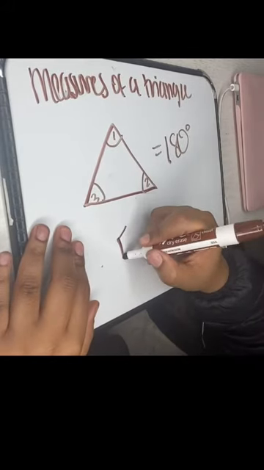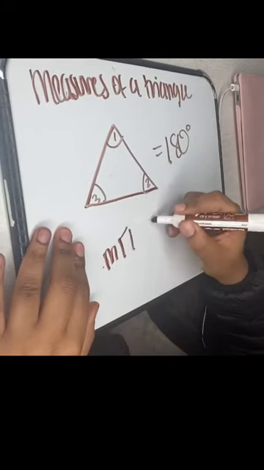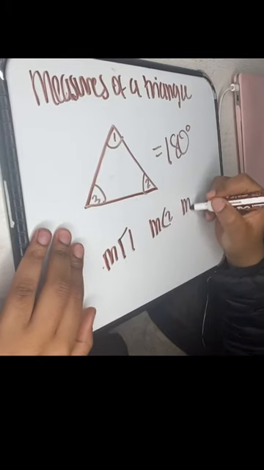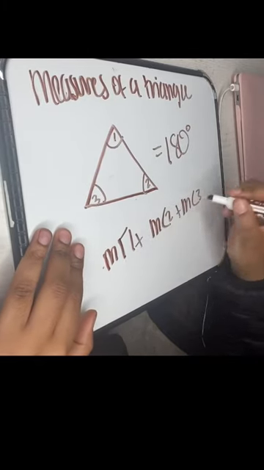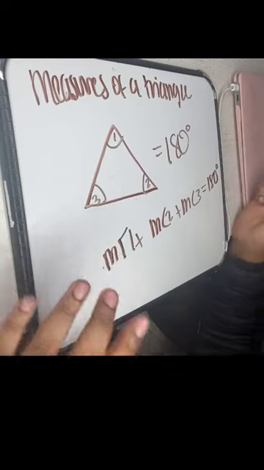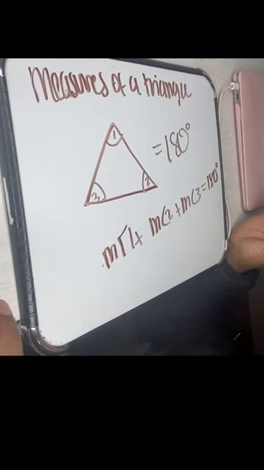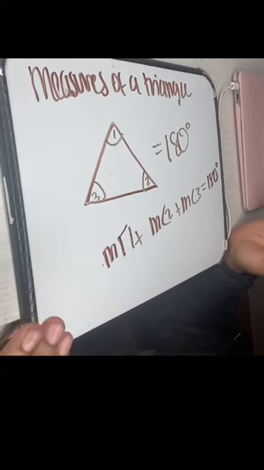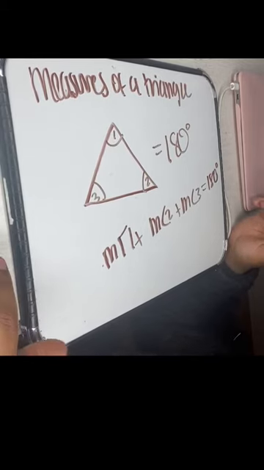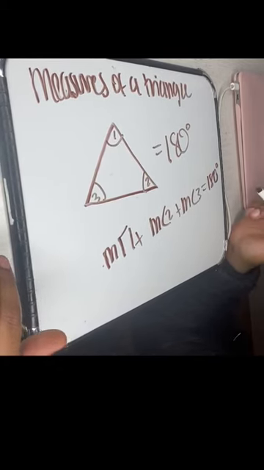Measure angle 1, measure angle 2, and measure angle 3 have to all equal 180 degrees. It doesn't matter what numbers they are, but they all have to equal 180 degrees. Any three angles of the triangle.